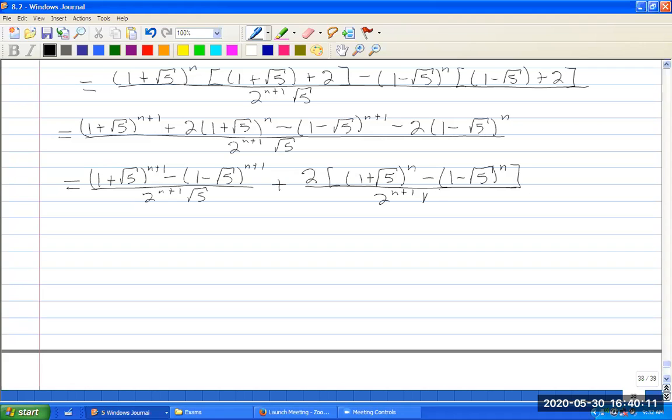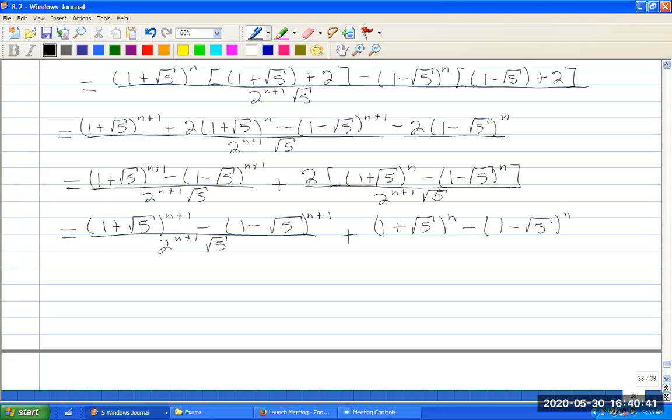So this is equal to (1 plus rad 5) to the n plus 1 minus (1 minus rad 5) to the n plus 1, over 2 to the n plus 1 rad 5, plus, the 2's cancel, so we get (1 plus rad 5) to the n minus (1 minus rad 5) to the n over, again one of the 2's cancels, 2 to the n rad 5. This is u n plus 1. This is u n.